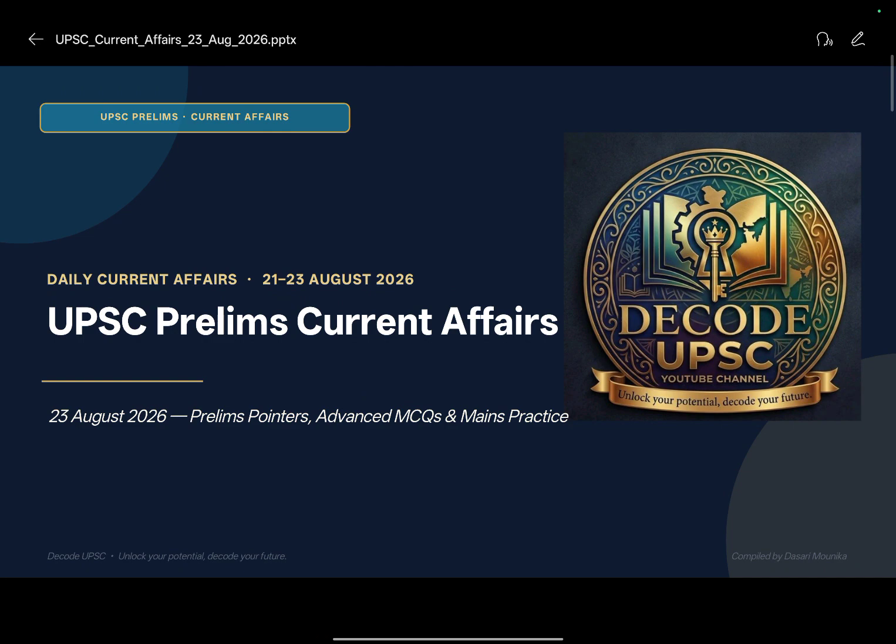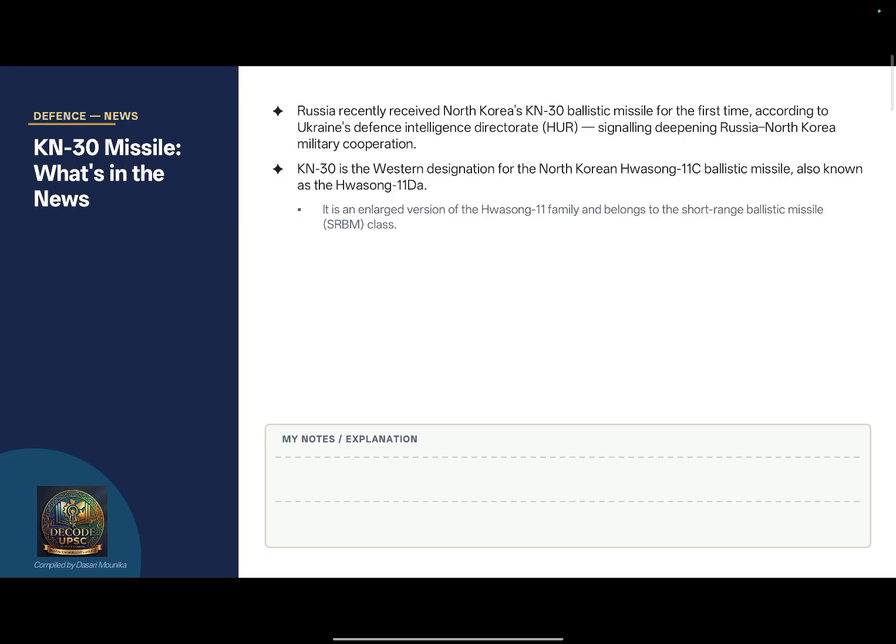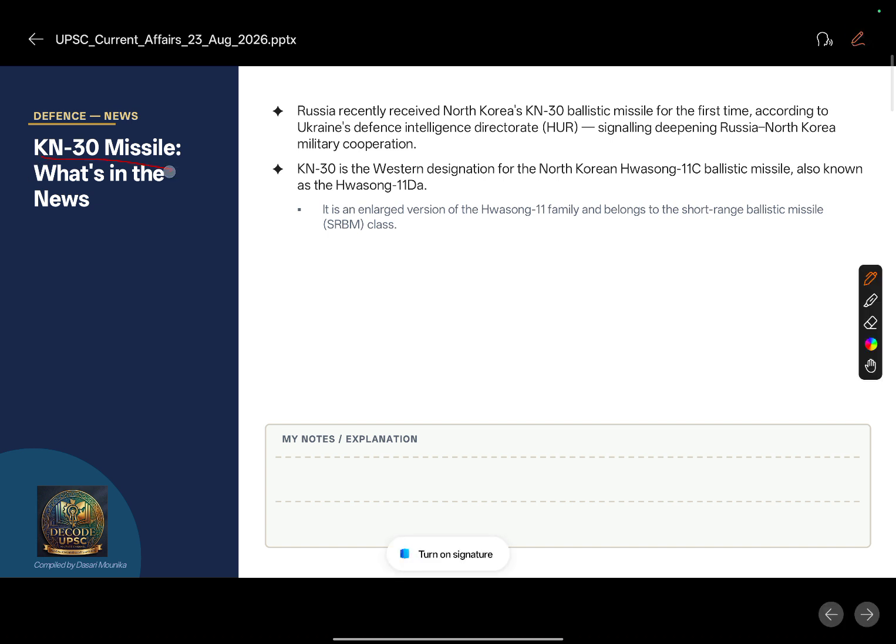Let's start with the very first topic. Friends, recently a missile called K-30 is in the news. According to various newspapers, Russia received this North Korean ballistic missile for the very first time, highlighting growing Russia and North Korea military cooperation.